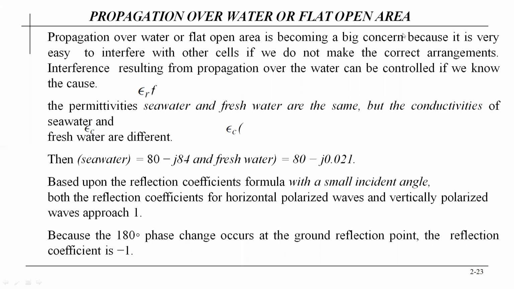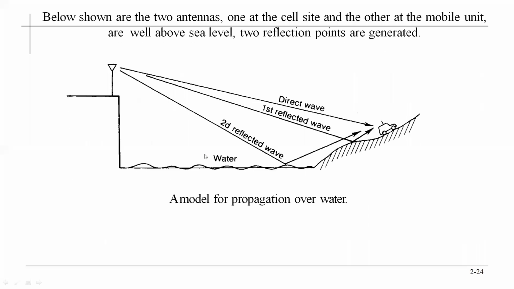If you consider two antennas, one at the cell site, which is nothing but the base station, and the other antenna at the mobile unit, that means the antenna built inside the mobile.